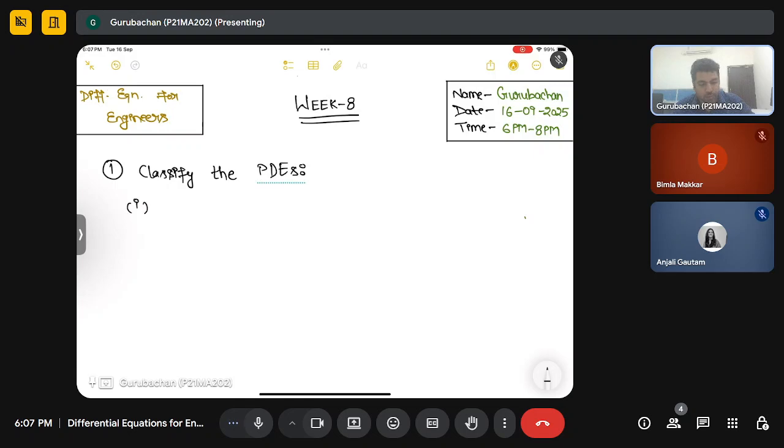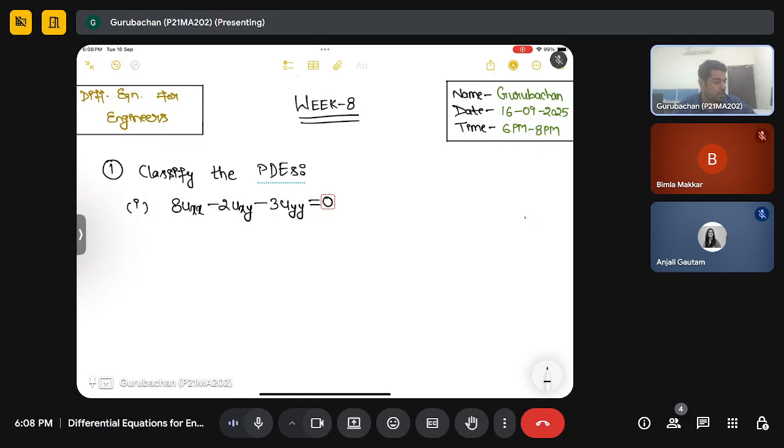First one is 8uxx minus 2uxy minus 3uyy equal to 0. So we have been given this second order linear PDE. We have to classify it, whether it is hyperbolic, parabolic or elliptic.